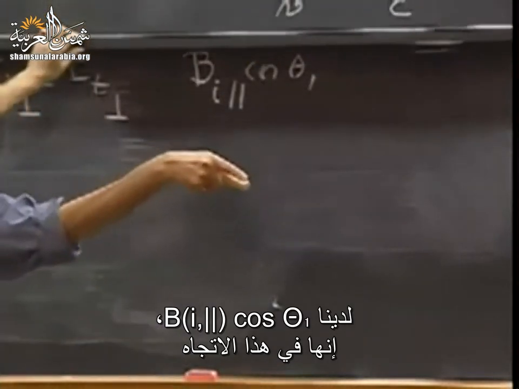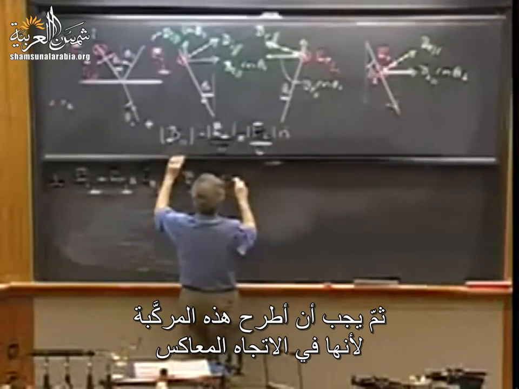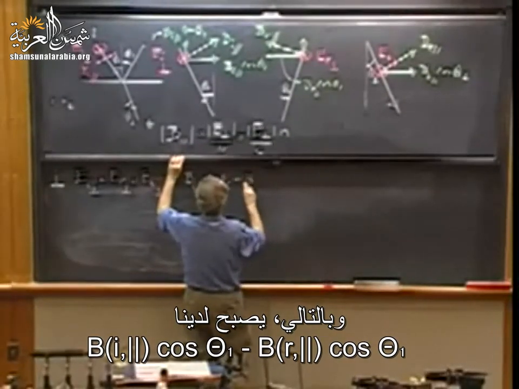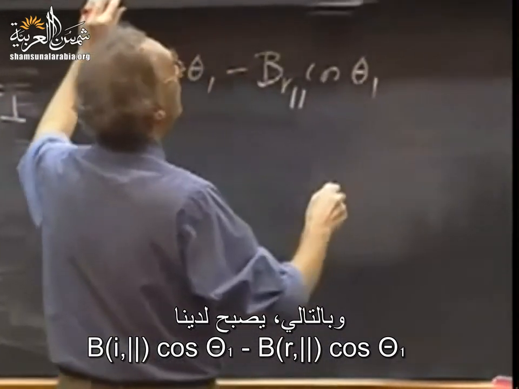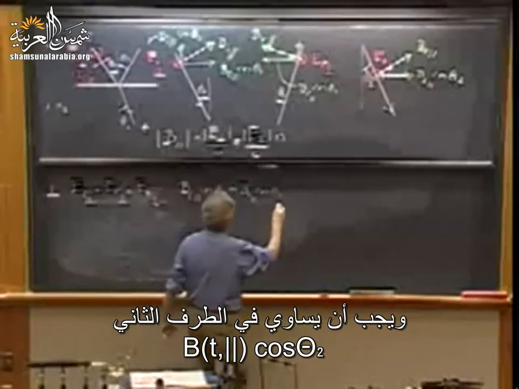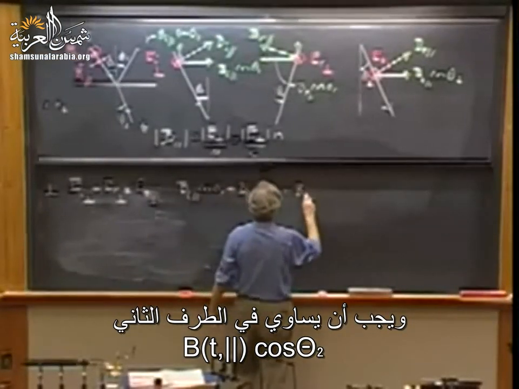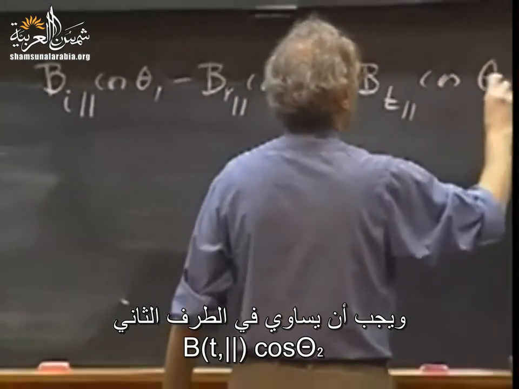That's in this direction. Then I have to subtract this one, because it's in the opposite direction, minus B of R parallel times the cosine of theta 1. That is on one side, and it must now be the same as B transmitted parallel times the cosine of theta 2.